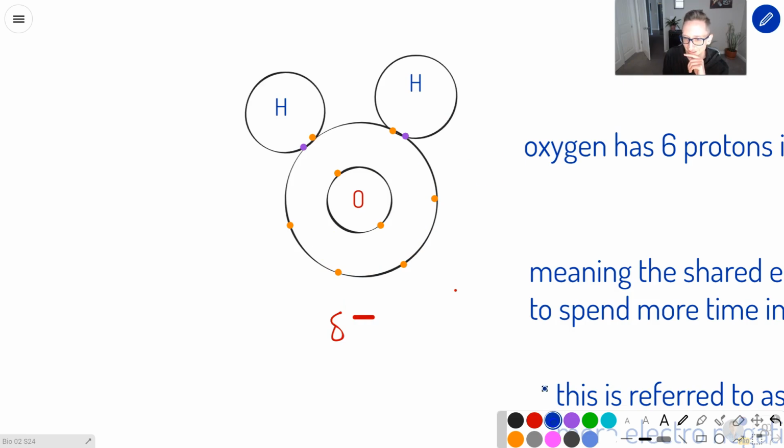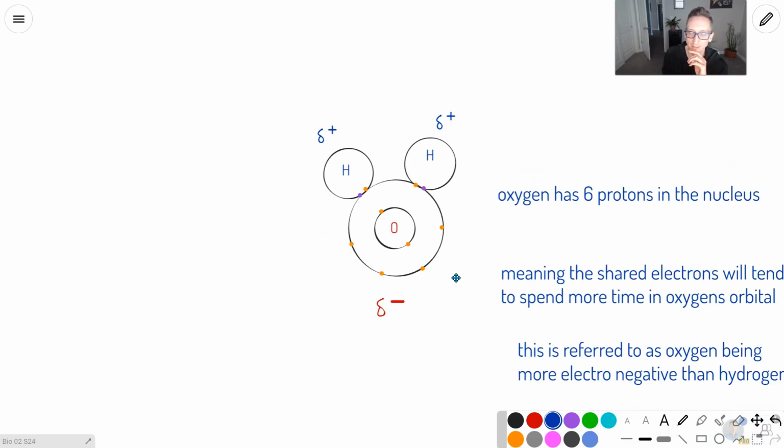And these hydrogens are going to be delta positive, slightly positive, both of the hydrogens. So they're slightly positive and slightly negative. This is where we get the stickiness in water, which we're going to talk about more in the future. Little tiny sticky Mickey Mouses.